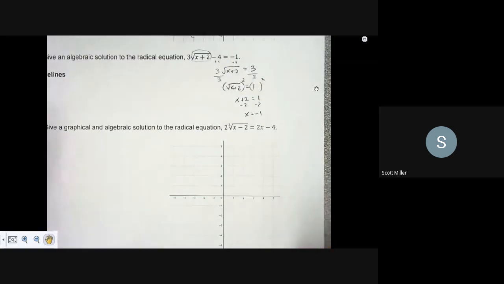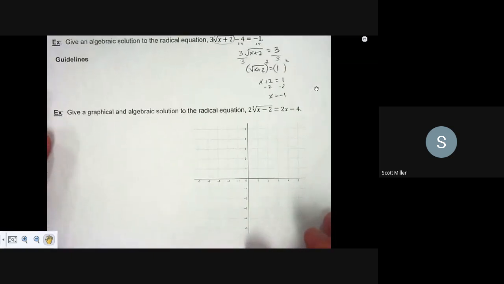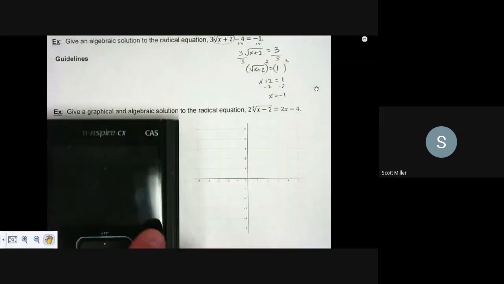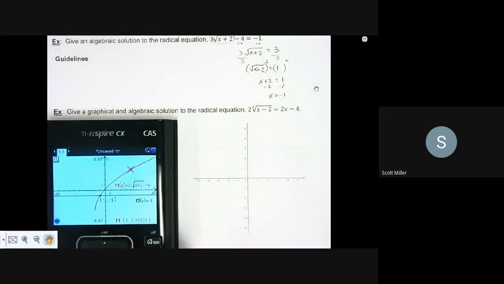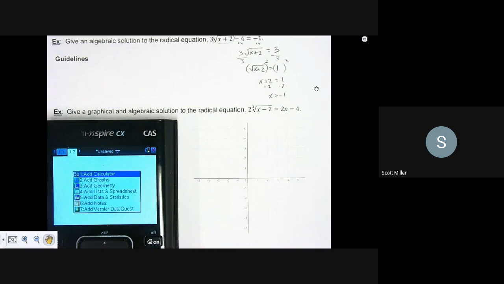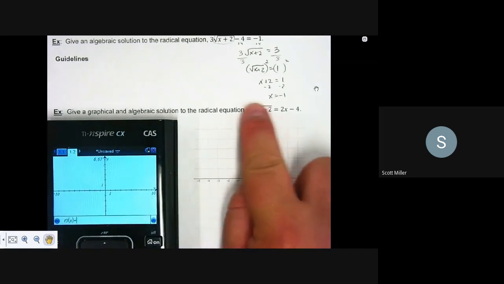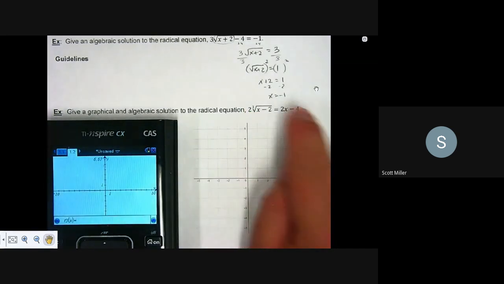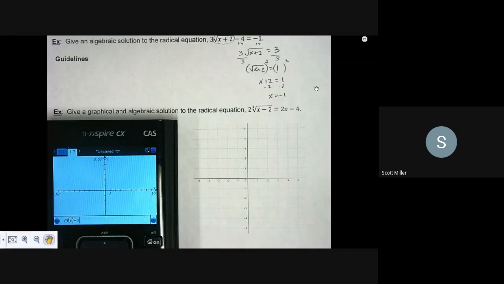Okay, so let's look at another example with a cube root right here. Let's look at the graphical approach first to see how many answers I might have. Let's create a new document page, graph. Same thing. This side gets one function, that side gets the other. So I'm going to graph 2, and then I need to do the cube root.